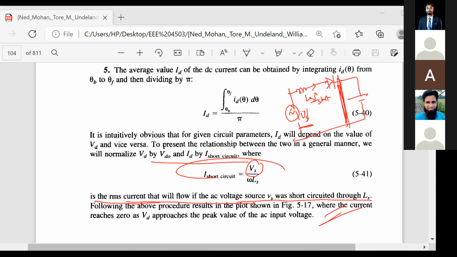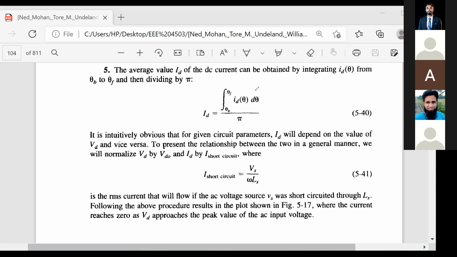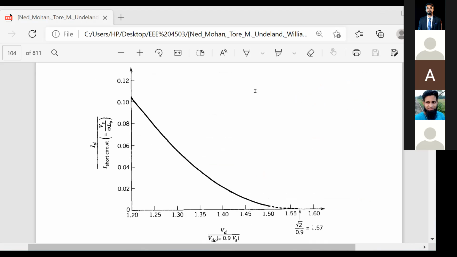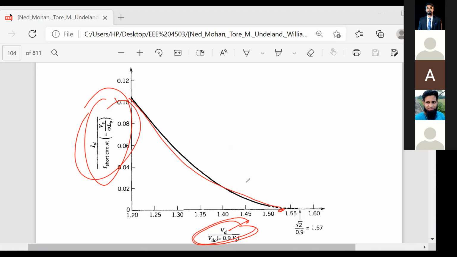I'm just showing what they are trying to tell you. We have just plotted this one. This is nothing but ID divided by the short circuit current on the y-axis. On the x-axis, they have taken Vd by Vdo, the original voltage if there is no Ls, and they have plotted it like this. So if you increase this, eventually the ratio of the current will go to 0.